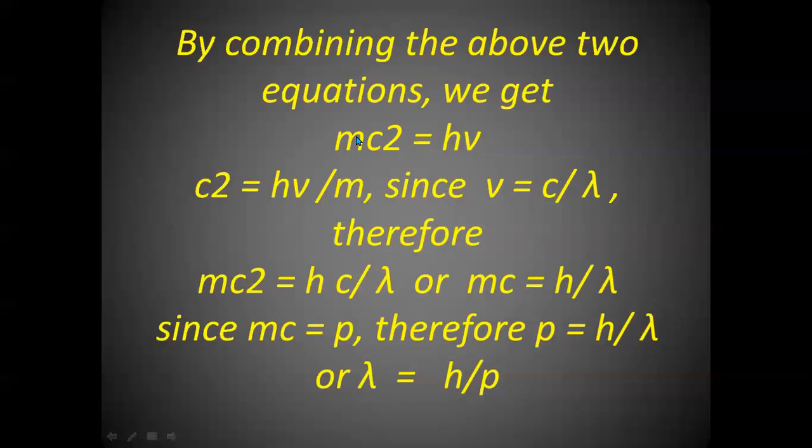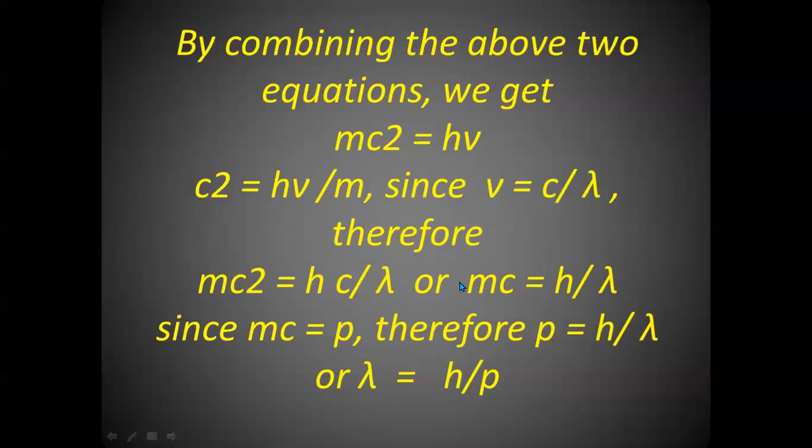Now we can send this mass to the right side. Therefore, we will remain with c square equal to h nu by m, and then substitute frequency equal to velocity by wavelength. Therefore, we get mc square is equal to h into c by lambda. So c gets cancelled on both sides, and we remain with mc on the left side and h by lambda on the right side.